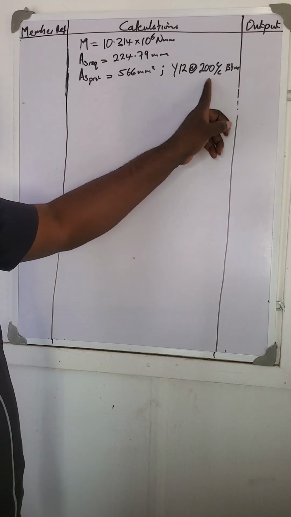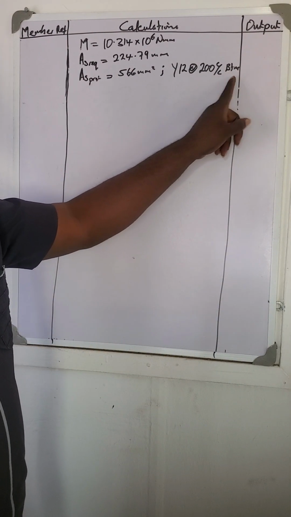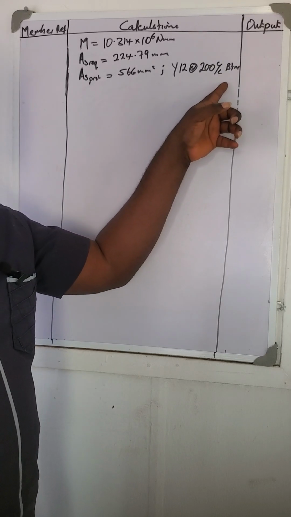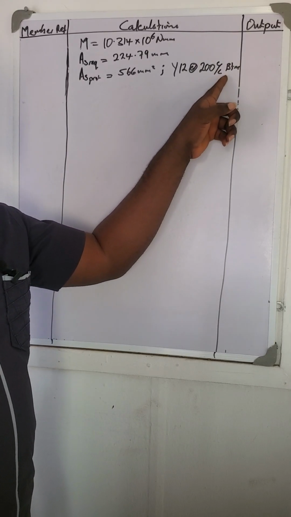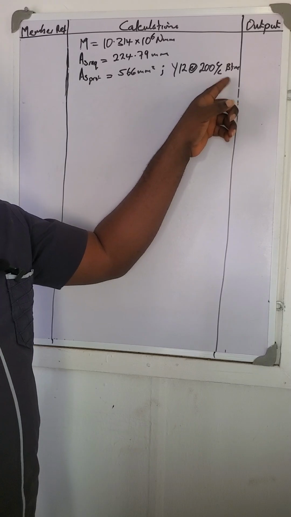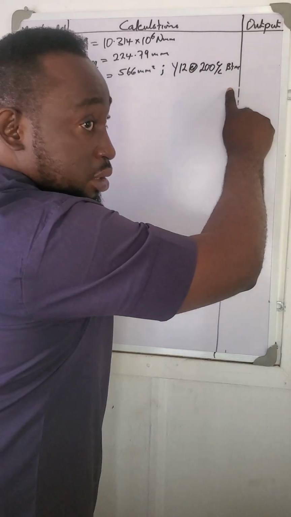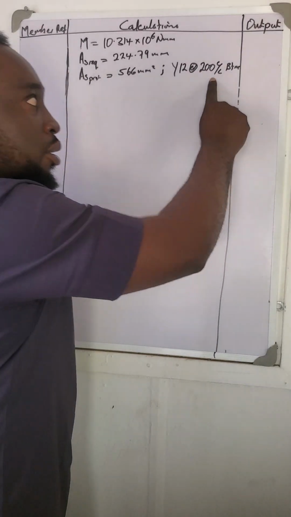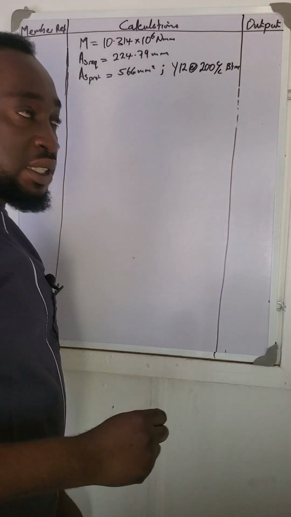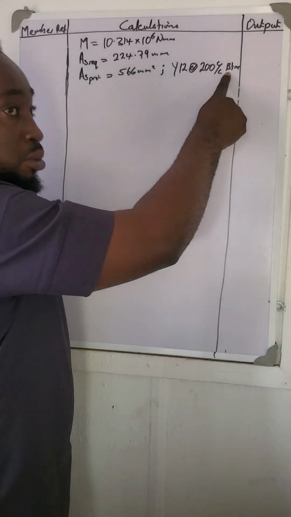Why did you say 200 center to center bottom? It's because we are designing for the span, and span reinforcement is at the bottom. All right. This is for the short span. But when you are designing for the long span, you will not call it bottom.